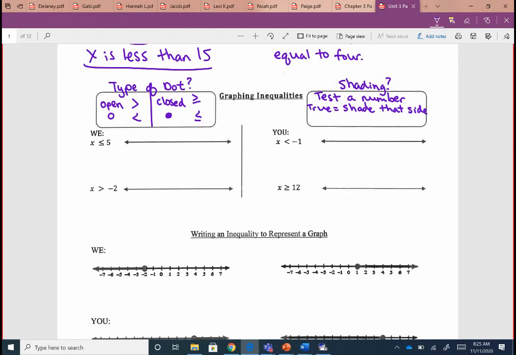If that number makes our inequality true, we've got the winner, we're going to shade that side. If it makes our inequality false, we're going to shade the other side. So these two boxes are going to be our guide to getting our graph correct.